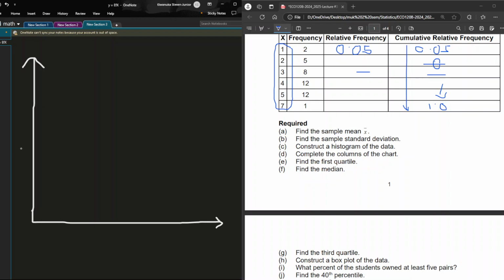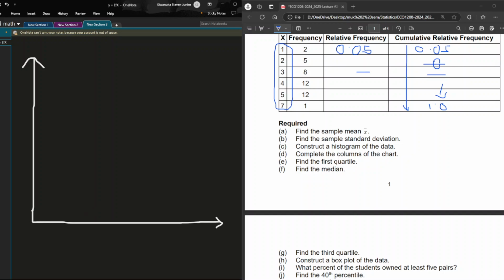Here we are going to have, however, sometimes there is no basis of putting x and y. You can change the values here, come this side, and construct it horizontally. However, I prefer when it is vertical. Maybe if the lecturer highlights on it and gives us his preference, then we can stick to that.